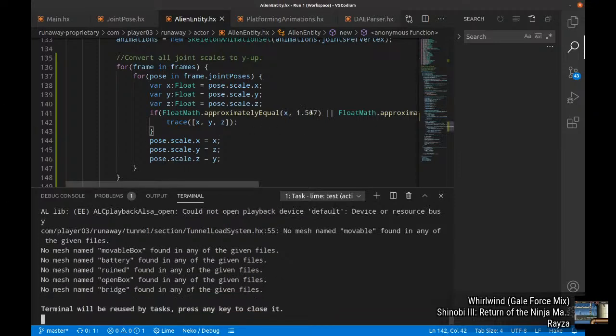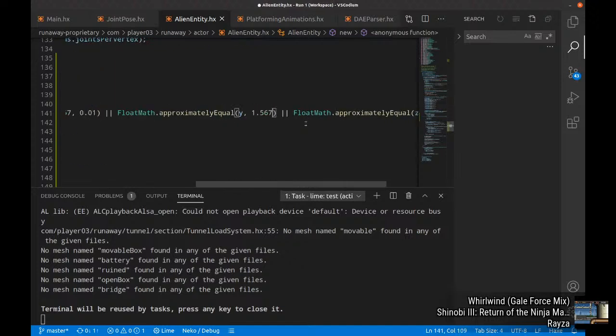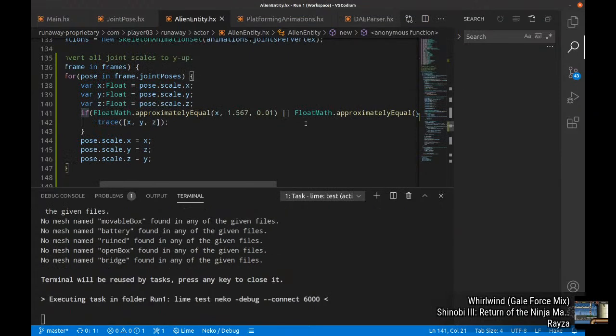Oh, right, I almost forgot. I need to allow some leniency, because it's not an exact value. Because it gets converted to a matrix and then back from a matrix.